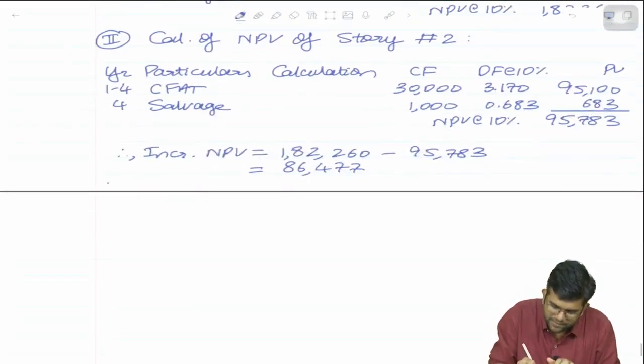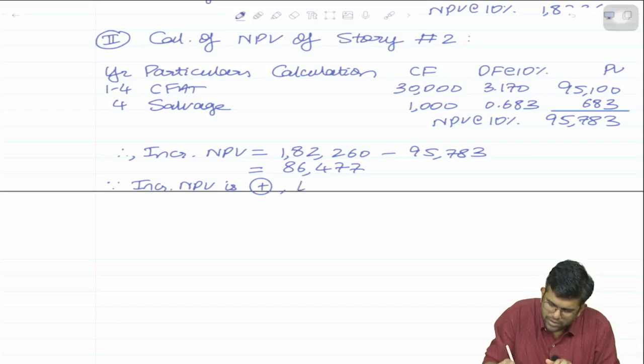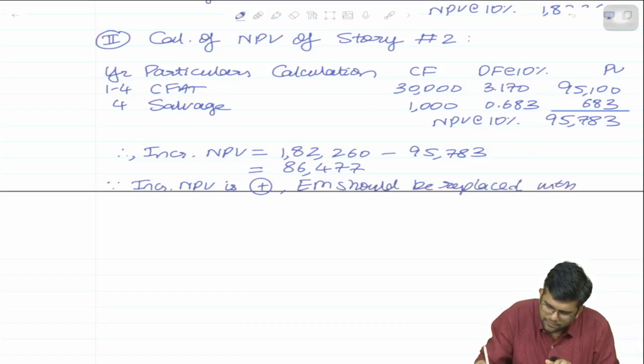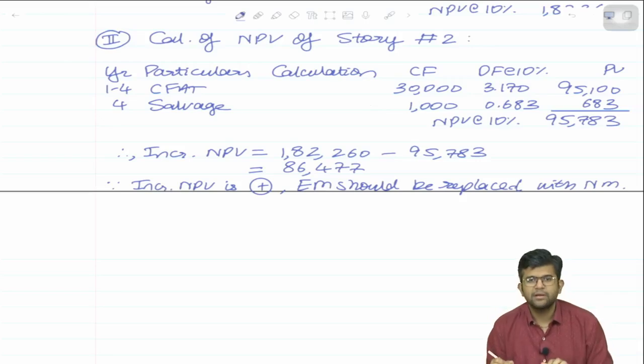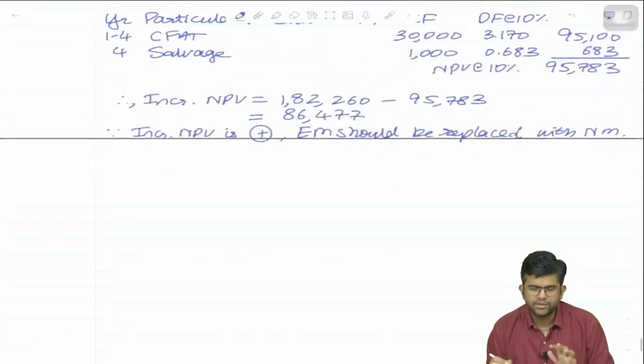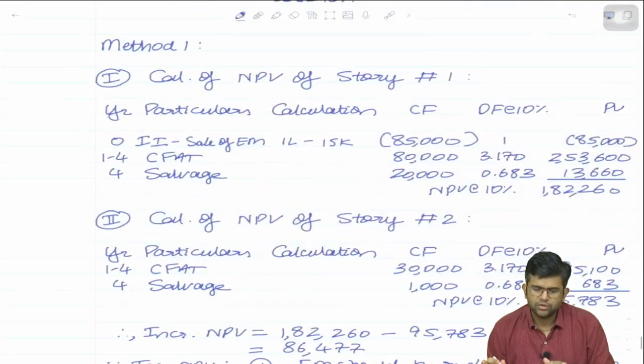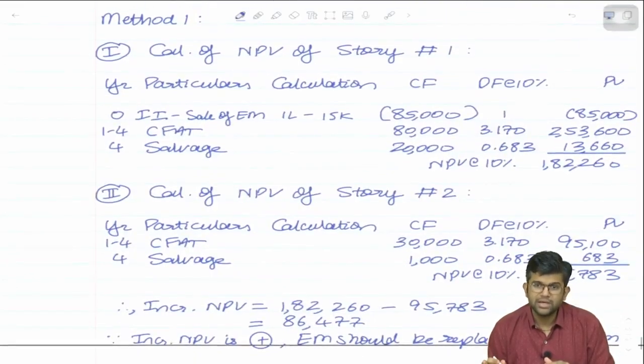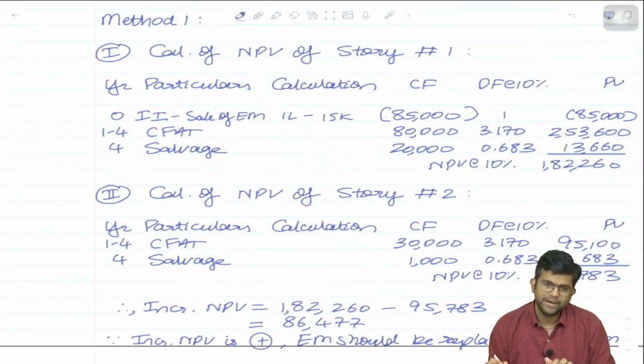And then I will say, since incremental NPV is positive, existing machine should be replaced with new machine. Everyone clear? Existing machine should be replaced with new machine. Done? So with that we finish the discussion on how to do incremental NPV in a replacement decision.